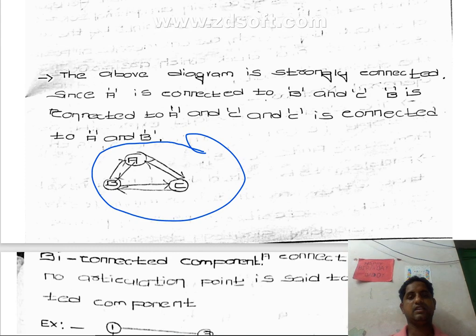That is, each and every vertex is connected to all the remaining vertices. The below diagram is strongly connected since A is connected to B and C, B is connected to A and C, and C is connected to A and B.